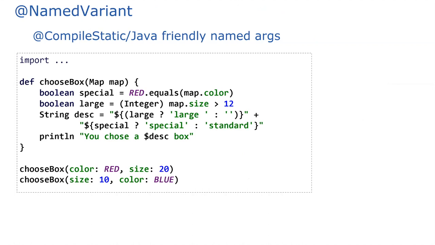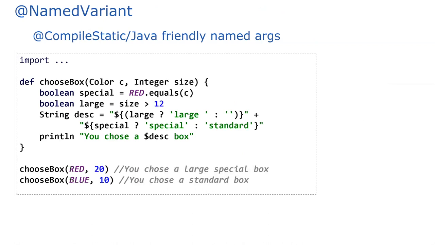But let's come back to the original code. This would be the typical Java way of creating, in this case, a choose box method. You're at the checkout of a shopping cart, Amazon or something, and you want to gift wrap the item that you've just bought. This choose box is going to decide whether you want a special box, a large box, whatever, to wrap your gift in.